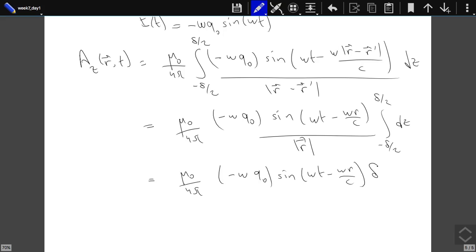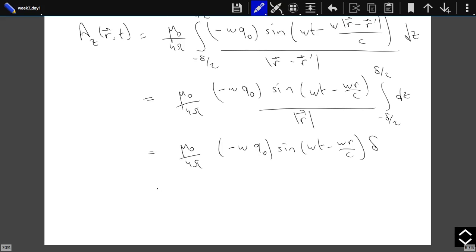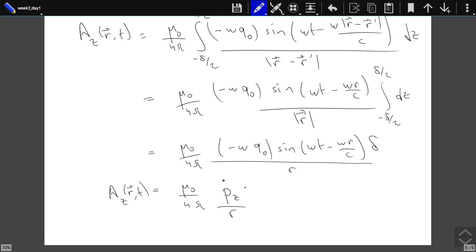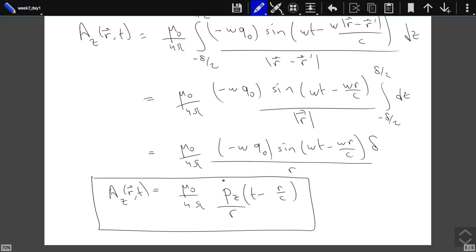But this is nothing but, again, mu 0 over 4 pi, the z component of p dot over r. Of course, p dot evaluated at t minus r over c. And the other components of A are 0.